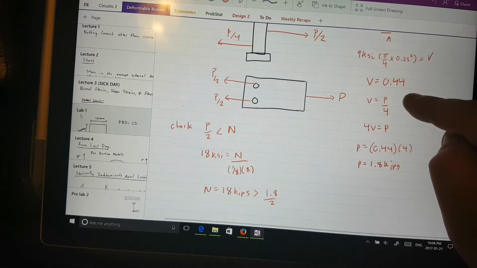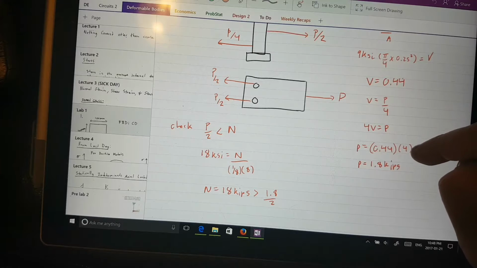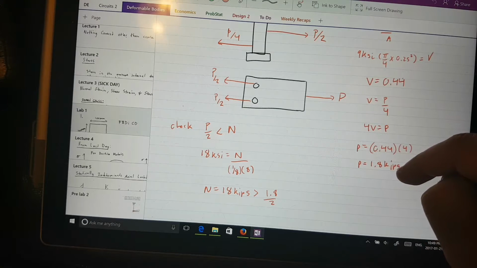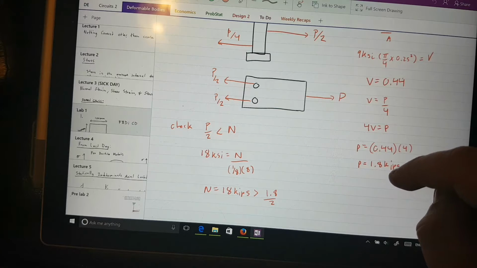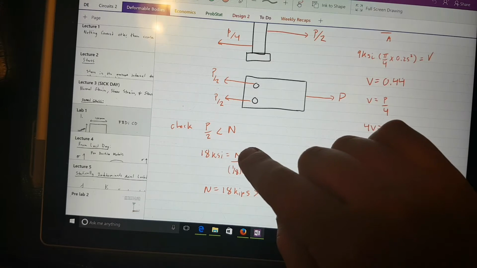So I got P and 1.8 kips. And then that would be as big as P can be. But then I want to see if P over 2 is less than N.